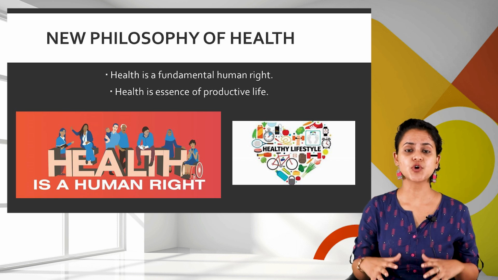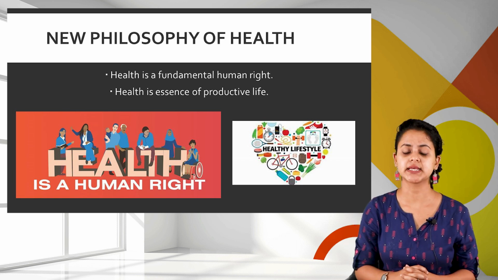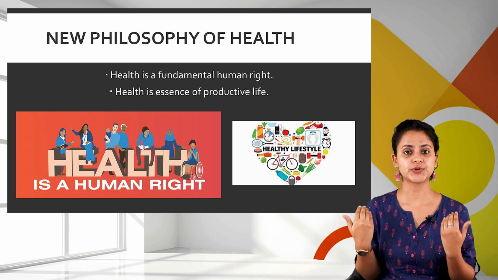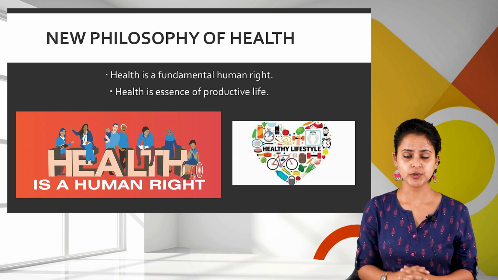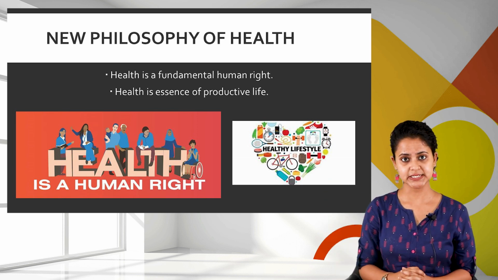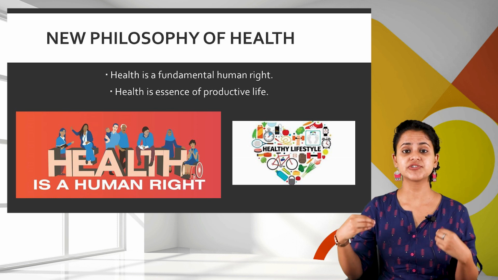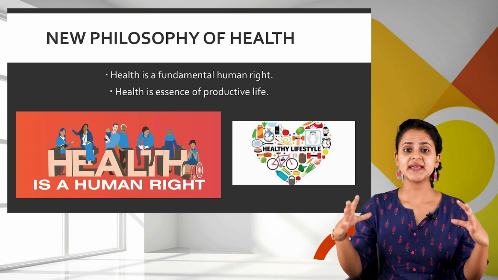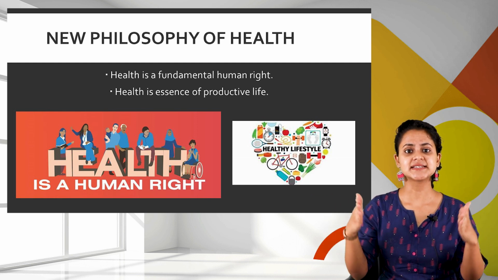The second philosophical aspect of health suggests that health is the essence of productive life. If we discuss this point in simple terms, we will definitely see a particular individual will be productive in their life when they are in a healthy state.